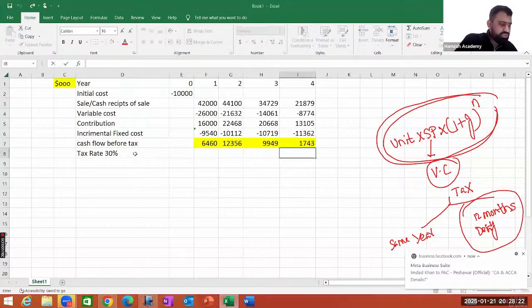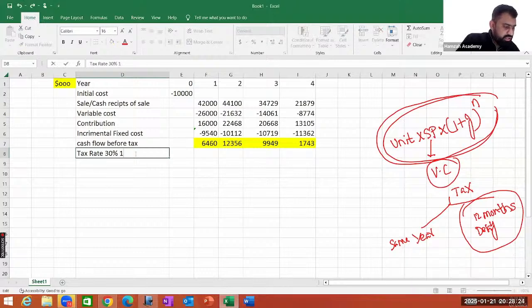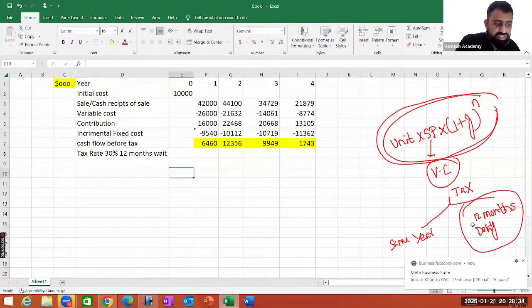Now, I assume that in my pro forma, tax is payable with 12 months wait. I'm using the second assumption, but this assumption will be mentioned in a question.